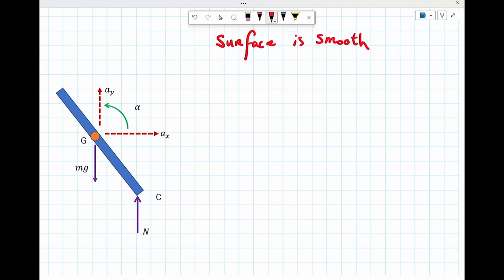And I will have 4 unknowns. I could probably use the same free body diagram for both parts of the problem, but for now you could just say force of friction is 0, so then it's just the normal versus the weight.